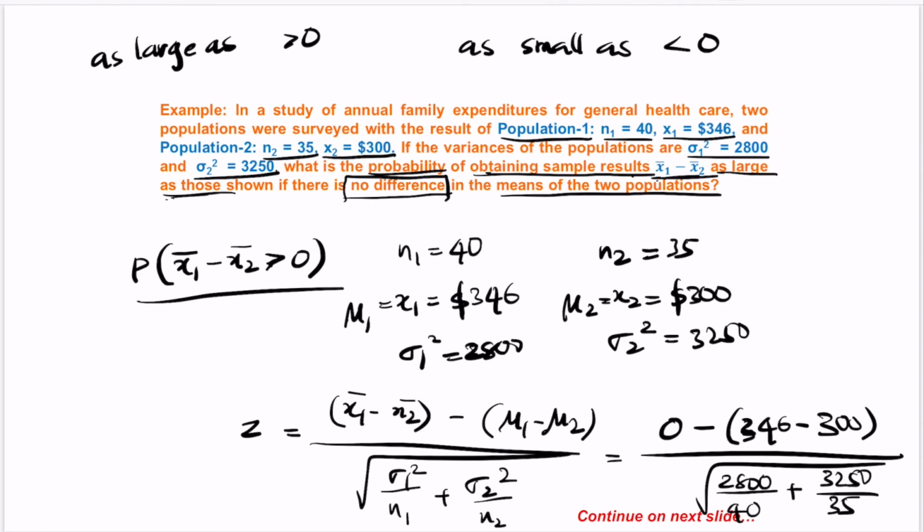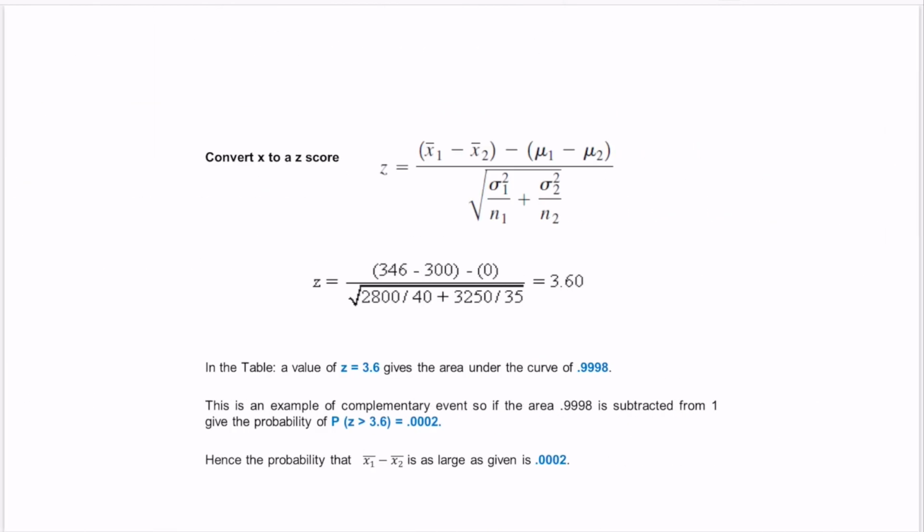Now using this data, try to find the answer. So how do you find the answer now? What will be the answer? That z value will become 3.60.